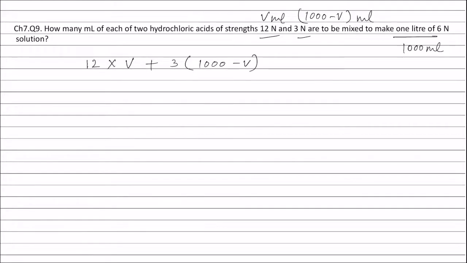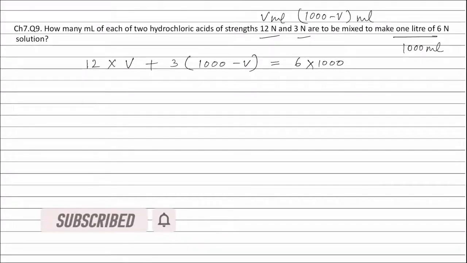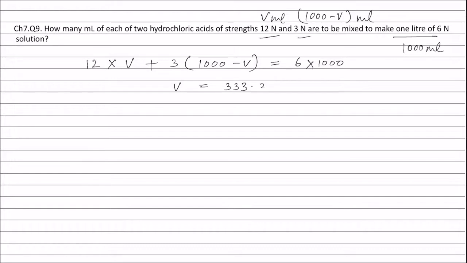This gives the milliequivalents of hydrochloric acid of strength 3N, and this will be equal to 6 into 1000. 6 into 1000 is the number of milliequivalents of hydrochloric acid in the final solution. Solving this equation, the value of V is equal to 333.33 milliliters.